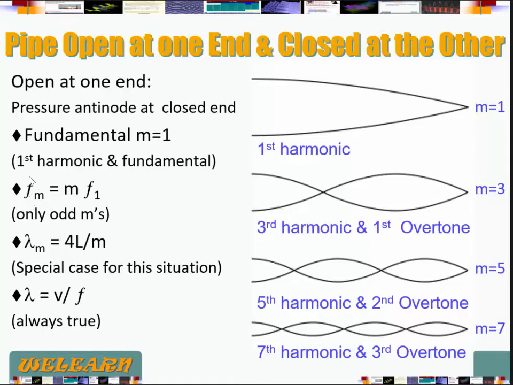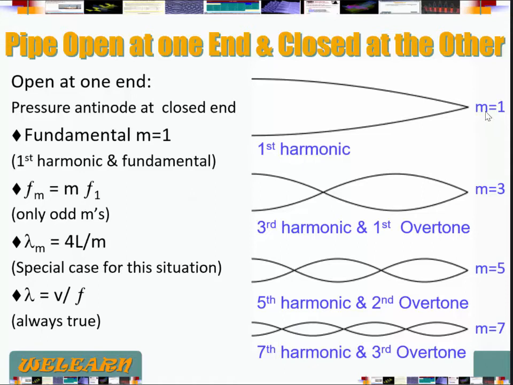The relationship between the various harmonics and the fundamental frequencies is m times f, with m being an odd number, only odd m's. For the same m, we can find the wavelength as 4L over m.